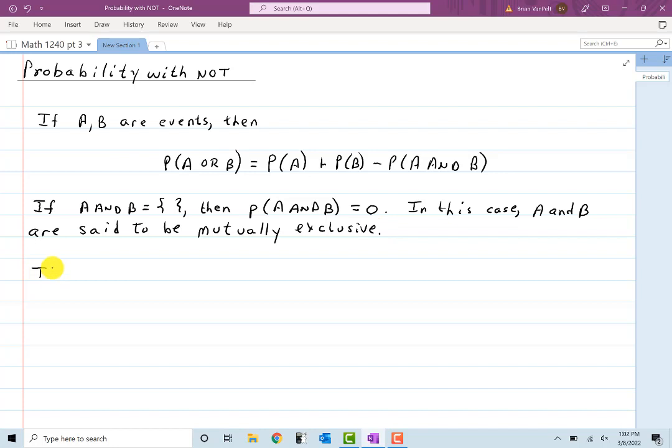Now, there are times when A or B equals S, the entire sample space.